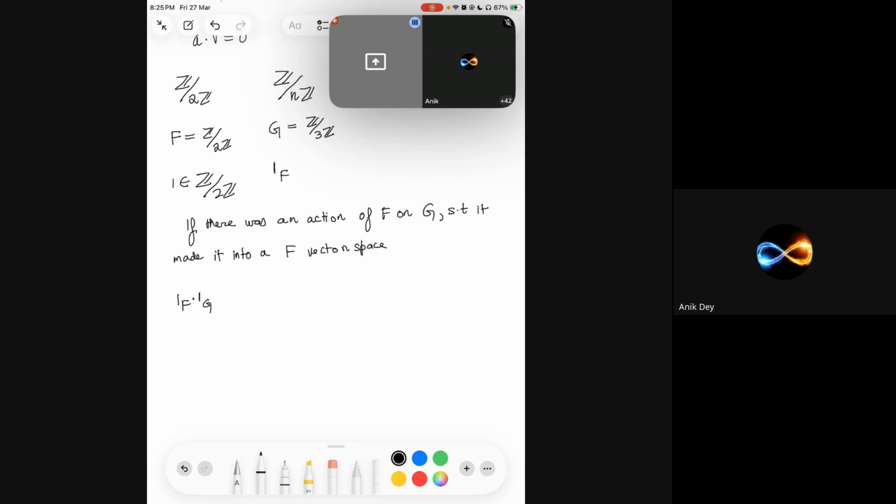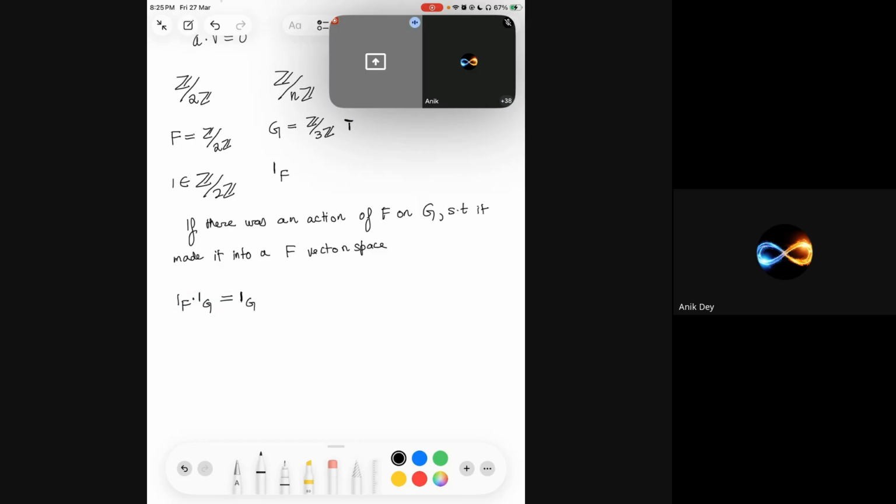Now G is a group, there is no identity element here. 1G is the generator of the group Z by 3Z, but any non-zero element is a generator, but that's okay. Here 1G means the element 1 bar. If this was a vector space, then 1F dot 1G must go to 1G.